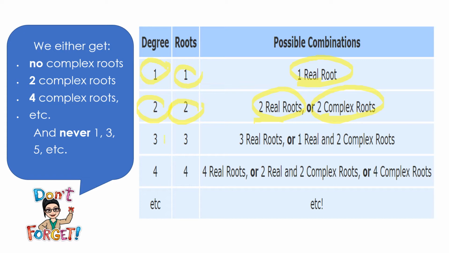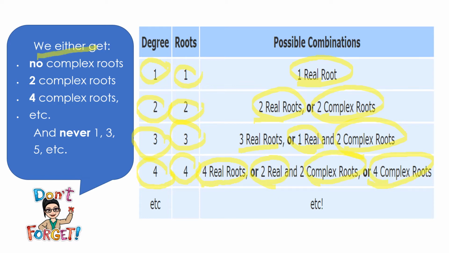If the degree is 3, then there will be 3 real roots or 1 real and 2 complex roots. If the degree is 4, there will be 4 real roots, or 2 real and 2 complex roots, or 4 complex roots.